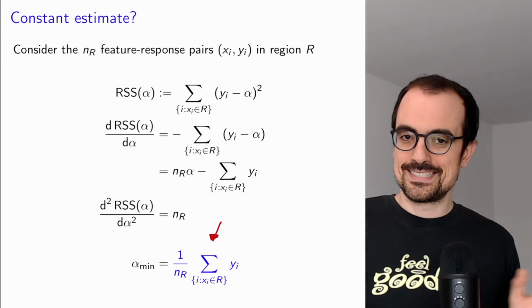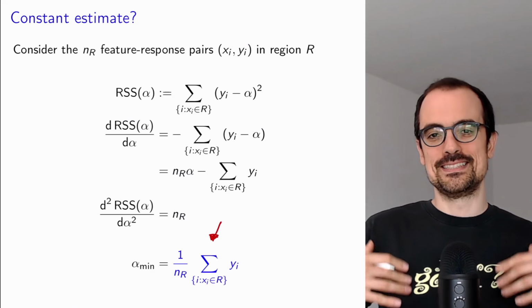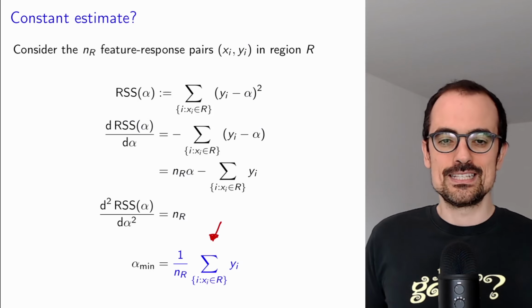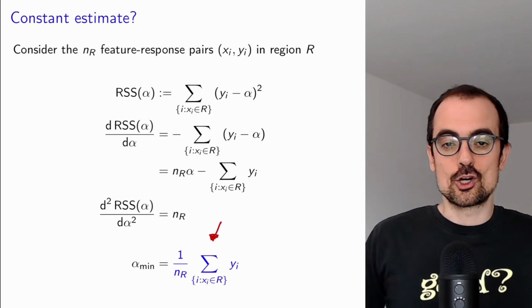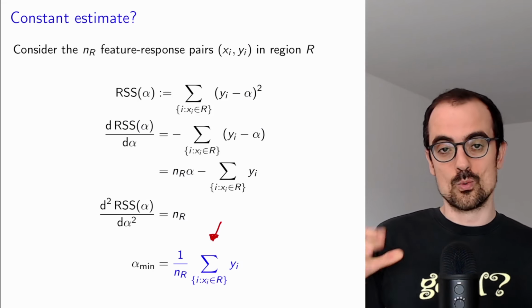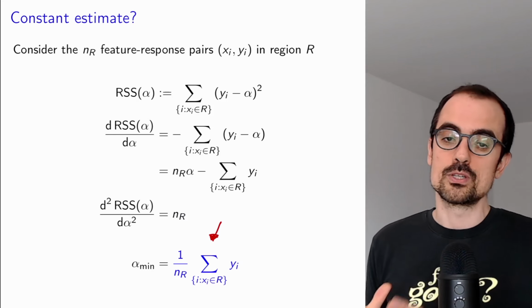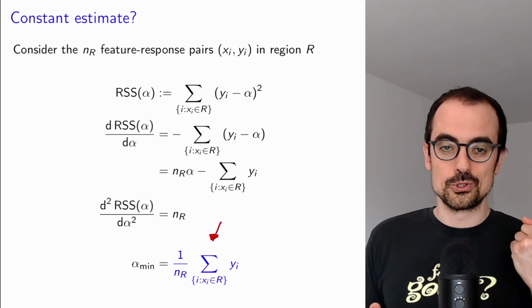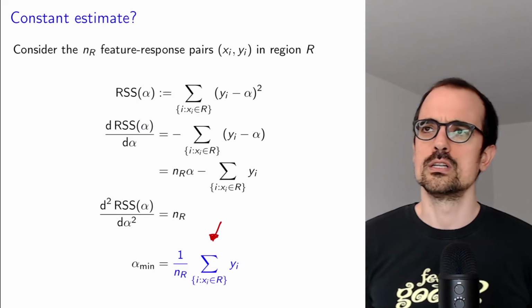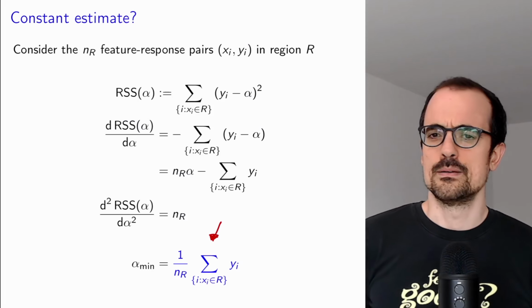Does this come as a surprise? It should not come as a surprise if you remember our analysis of the mean as the constant estimator that minimizes the mean squared error. So if you want to approximate a random variable in terms of mean squared error and you have just one number to choose, you should choose the mean, as we showed in the video on, I think, the mean square and the variance.